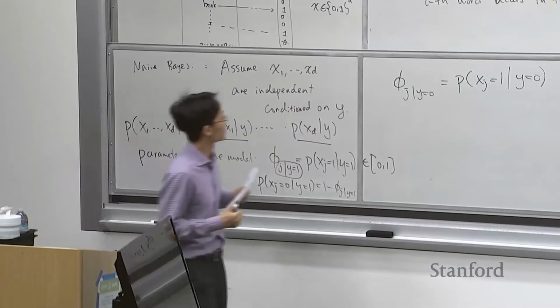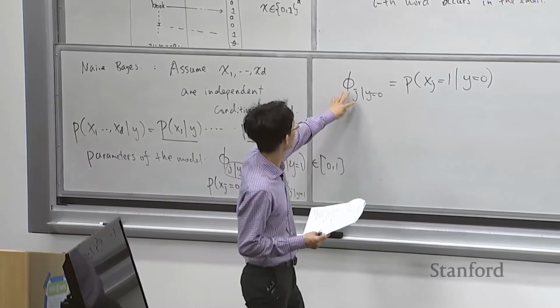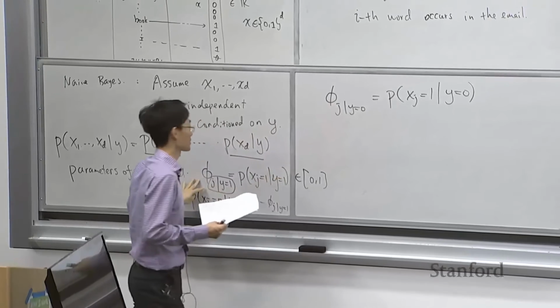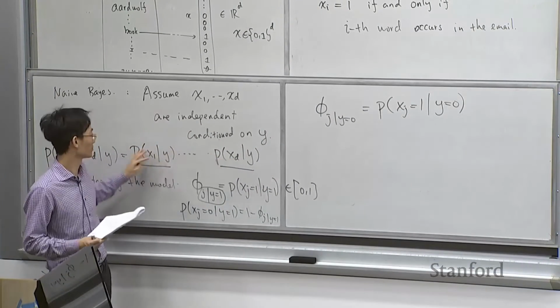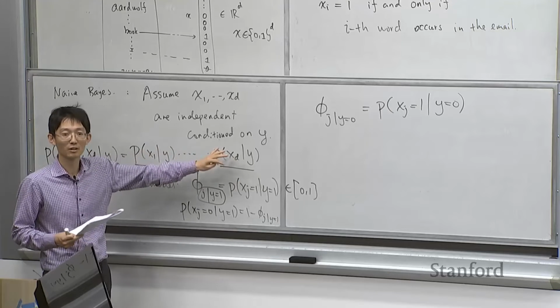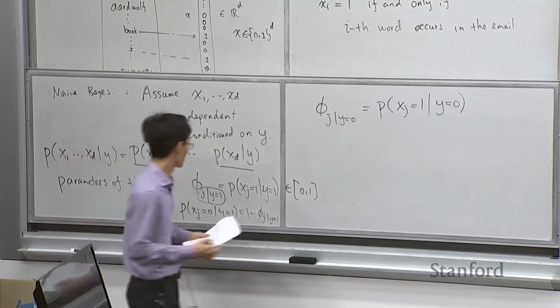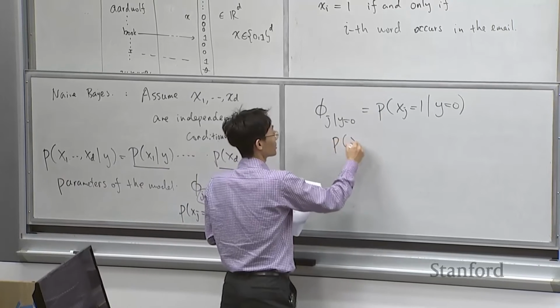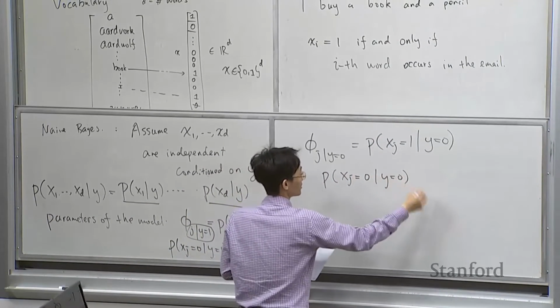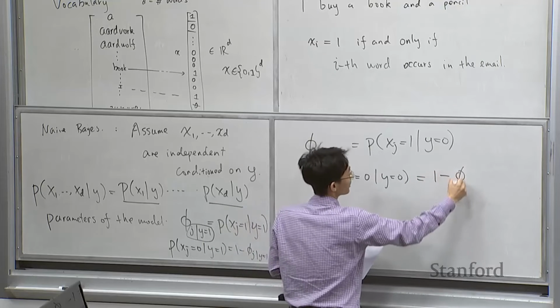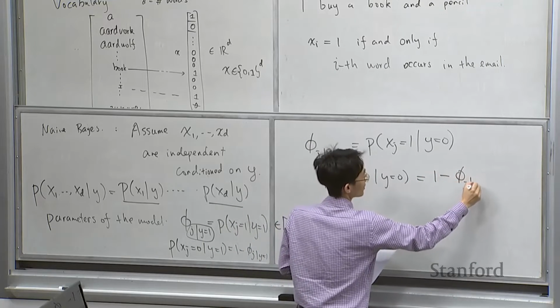So with this parameter and this parameter, I can describe all of these numbers, because I describe all the quantities. For example, what is P of xj equals 0 given y is 0? This is going to be equal to 1 minus phi j given y is 0.